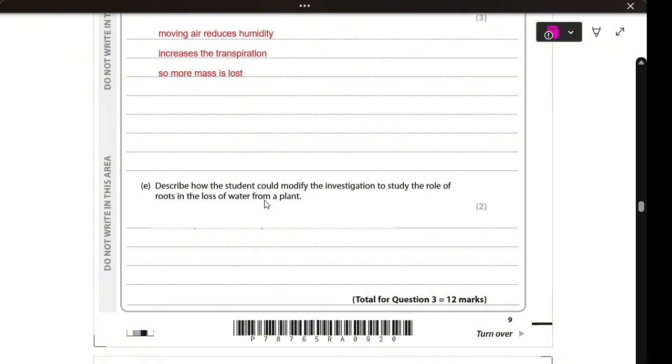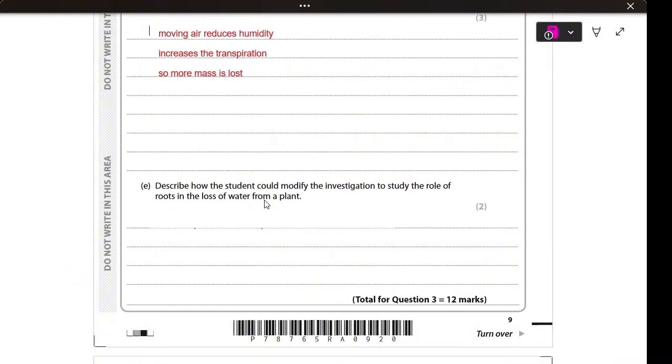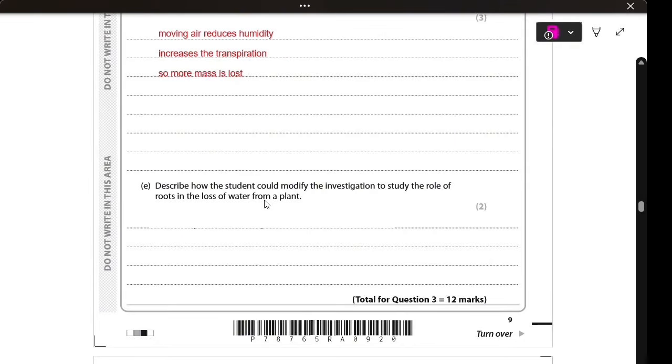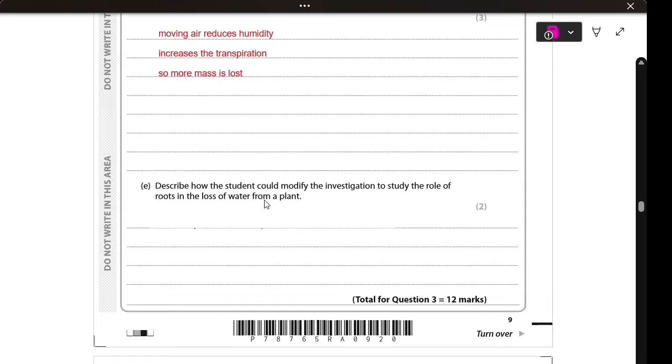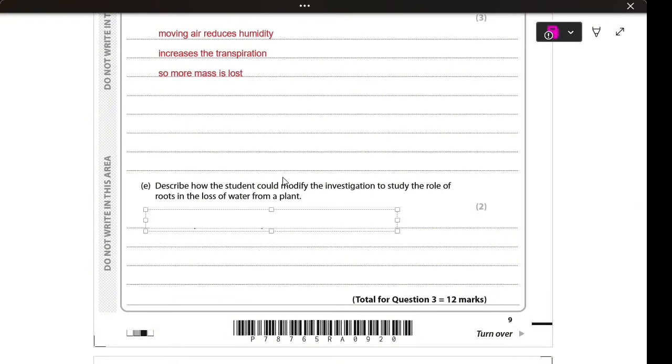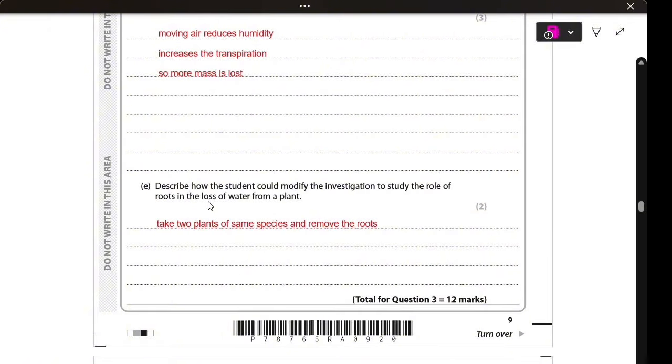To modify the investigation, we should take two plants of the same species and remove the roots to analyze how much water they lose, or the role of roots in the rate of transpiration. This should be our answer. We just have to say what we have to do: take two plants of the same species and remove their roots, for 2 marks.